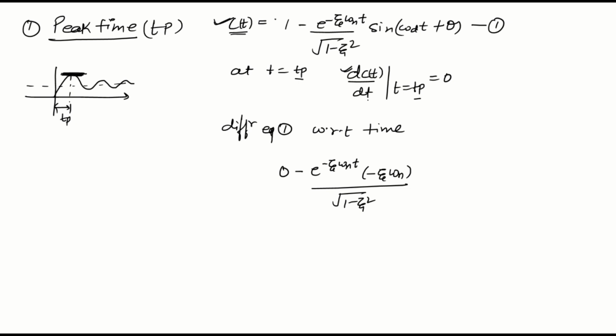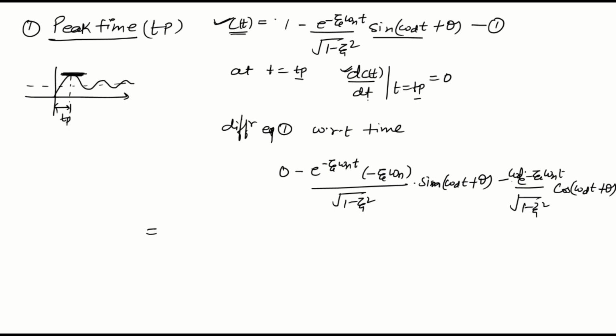The sine omega d t plus theta remains as it is, minus e raised to power minus zeta omega n t remains the same, divided by square root of 1 minus zeta square. This time we differentiate sine, so this will be cos of omega d t plus theta, multiplied by omega d. So let me solve this further.